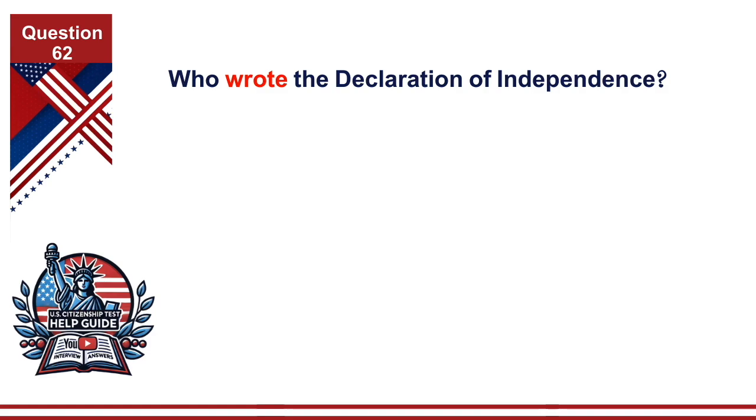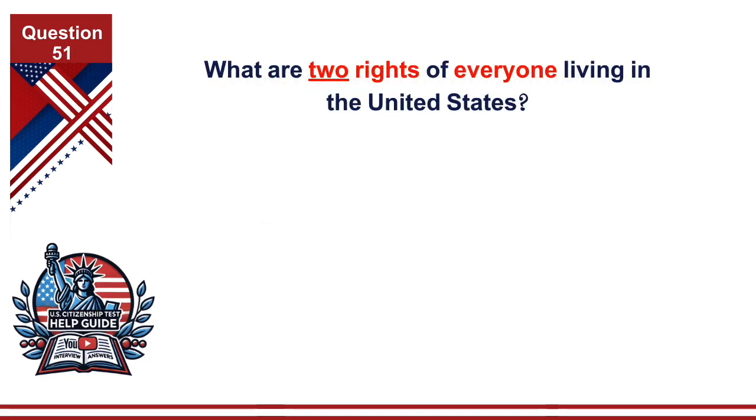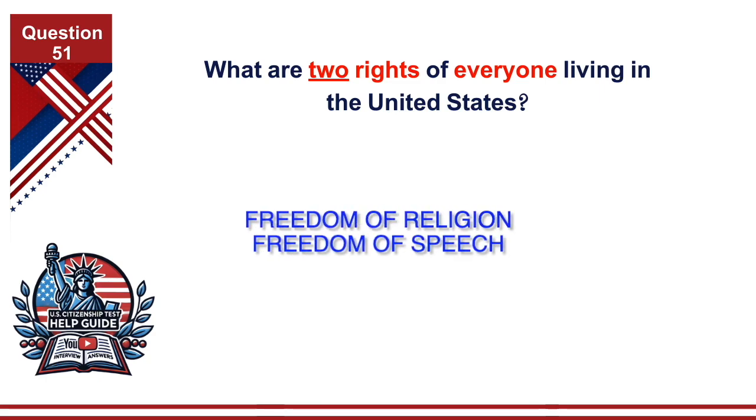Who wrote the Declaration of Independence? Thomas Jefferson. What are two rights of everyone living in the United States? Freedom of religion, freedom of speech.